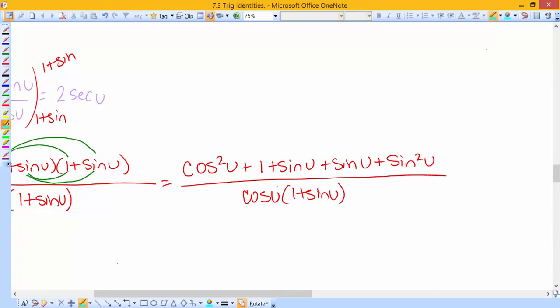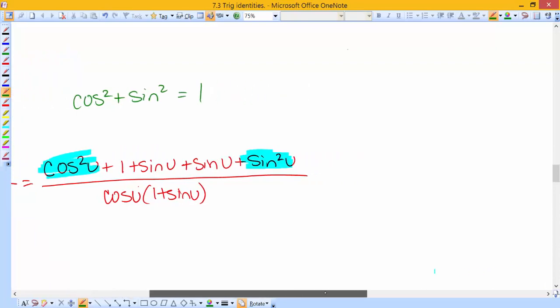we need to simplify some stuff here in our numerator. Look at your cosine squared and your sine squared. I really hope you guys see this. This is cosine squared plus sine squared. What is cosine squared plus sine squared? It equals 1. So those become 1.